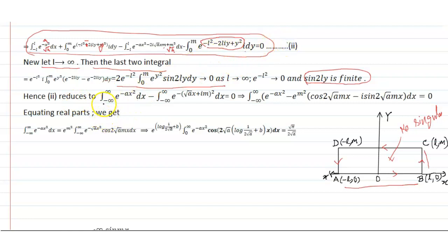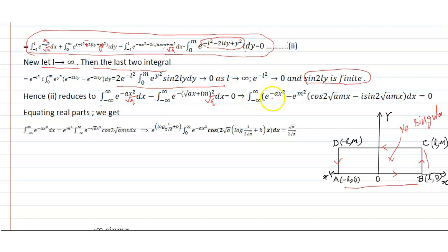So whatever I get, minus root over e to the power minus ax square. So e to the power minus ax square root a in here, and also in here root a. However, root a cancels, no problem, but I have to write it for my calculations.